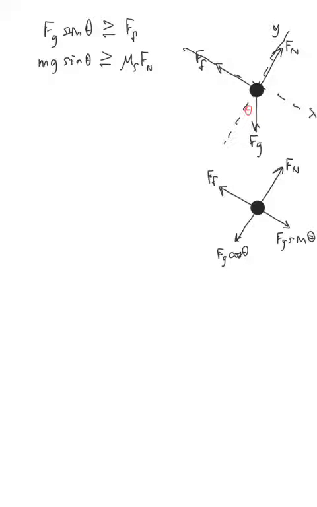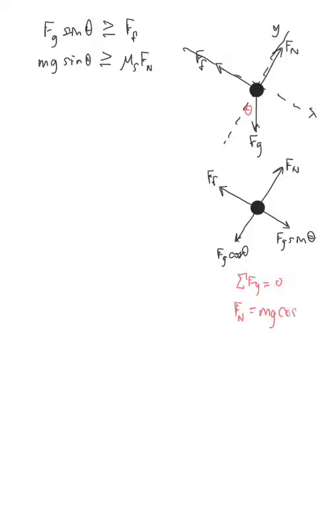Fn, the normal force. And from this second free body diagram, we can see that the forces will be balanced in this direction using Newton's first law. So we can just say the net force in the y direction equals 0, which means that the normal force will be equal to Fg cosine theta, and we'll replace the gravitational force with its formula.